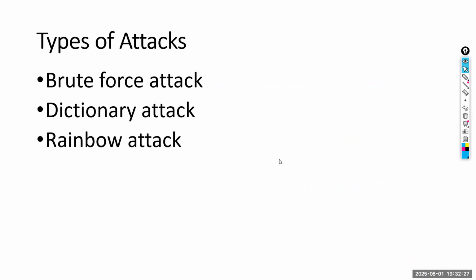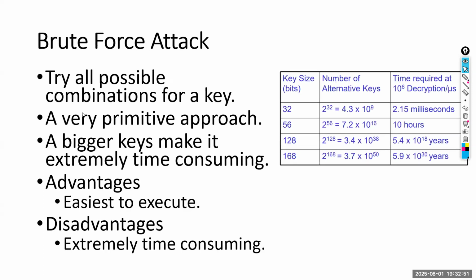Right. So let's look at the types of attacks, a little bit more theory. There are so many types of attacks, but we are more interested in attacking a crypto system, an encryption decryption system, or attacking ciphertext to guess the plain text or key. So the first one is brute force attack.